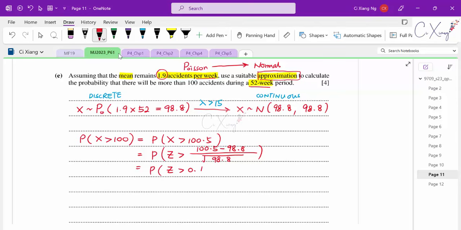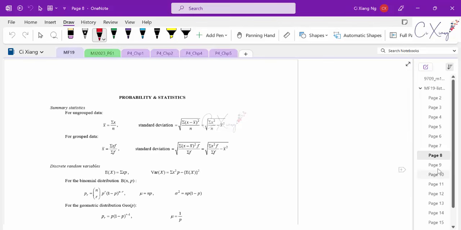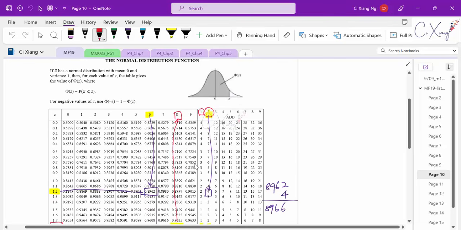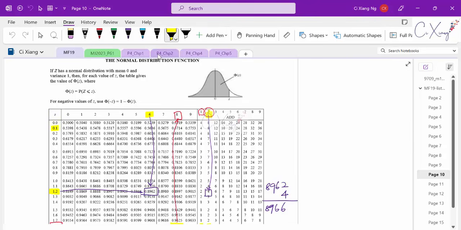So you're having 0.171. Then to get this area, you need to find it out from the normal distribution table. So we go to our table, looking for the area Z smaller than 0.171.